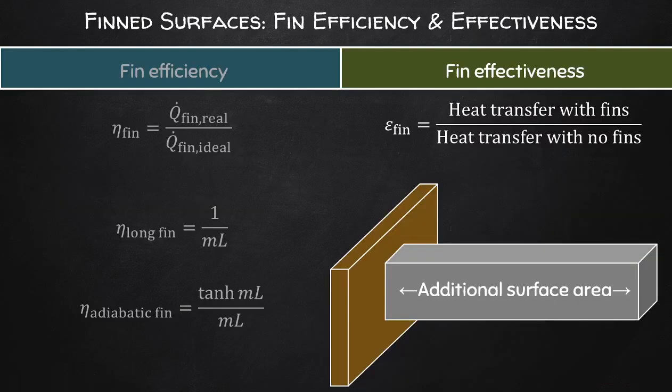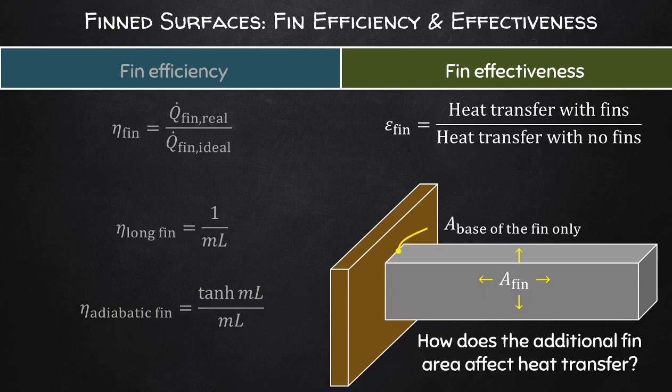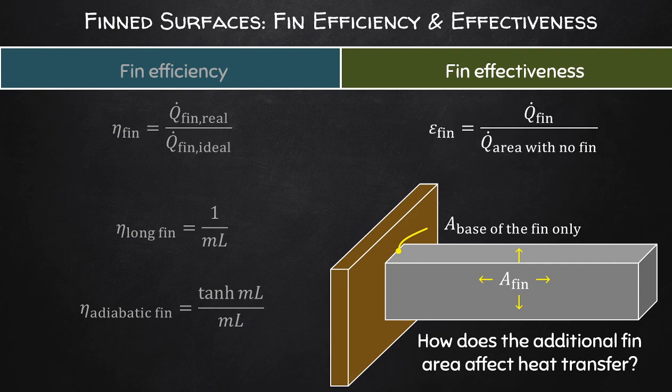Okay, next let's take a look at a slightly different concept called the fin effectiveness. So how effective is the fin in increasing heat transfer from the solid into the fluid that is surrounding it? Consider the difference between having a fin and not having a fin. What impact does the addition of a fin have on heat transfer?